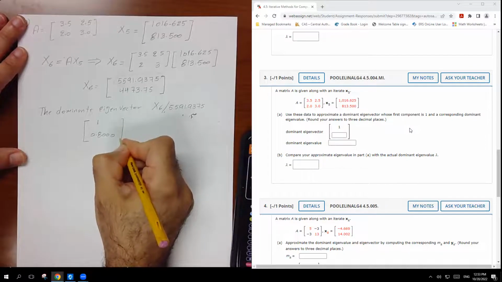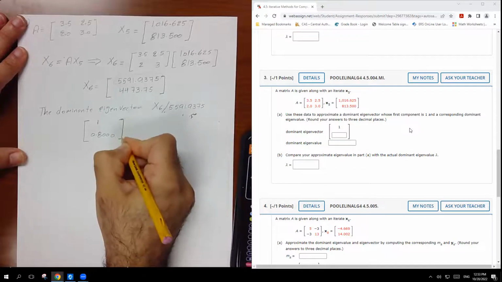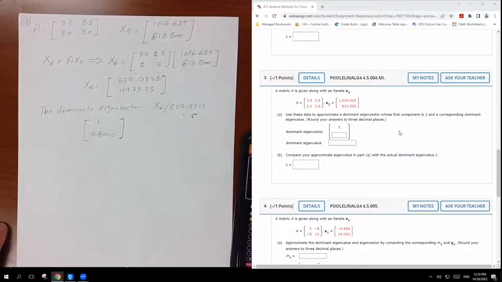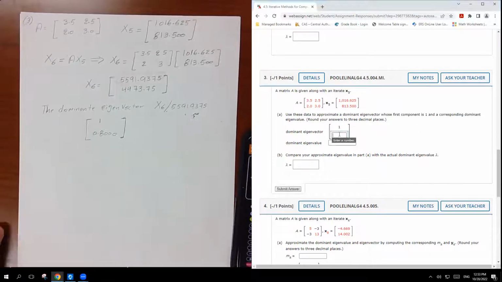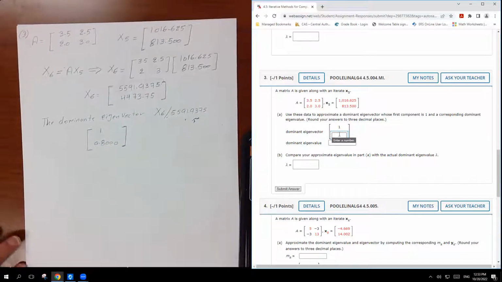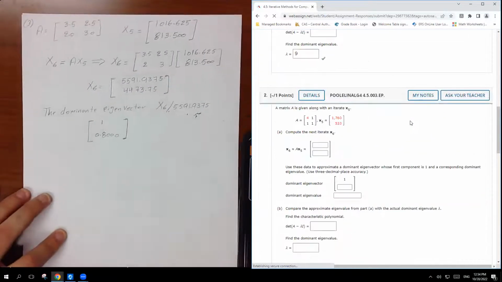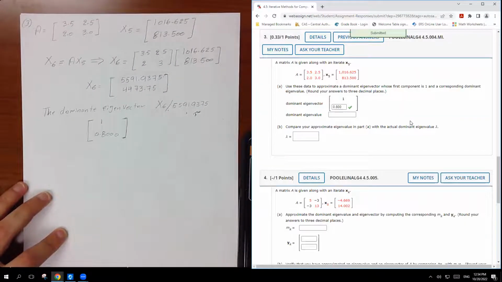That means if you round it, you're just going to write down 0.800. Let's type it here and check. Let's say 0.8 before I find the dominant eigenvector. And here's right.